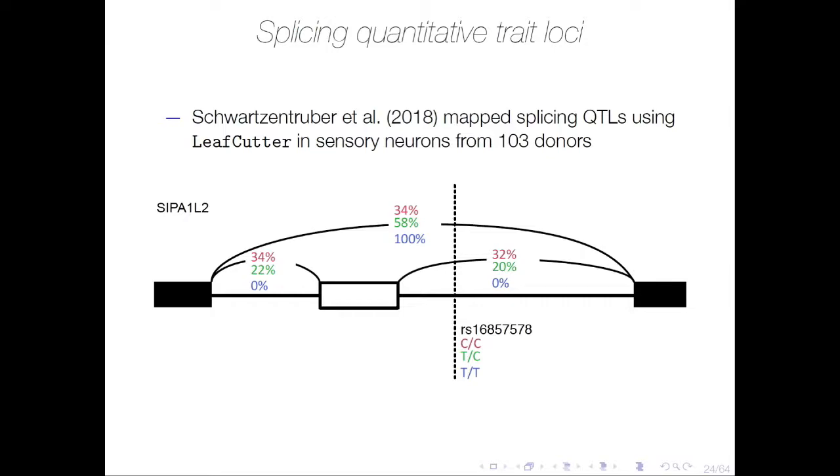And in fact, for individuals who are what's called homozygotes, so they only have T in this position, you see almost complete skipping of the exon. And it actually turns out that this SNP, the single nucleotide polymorphism, is also associated with Parkinson's disease.